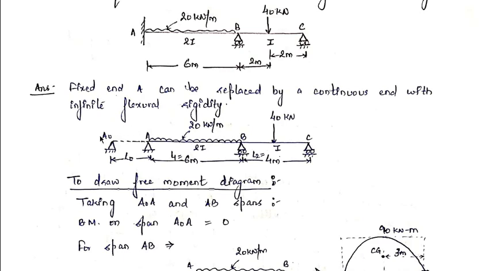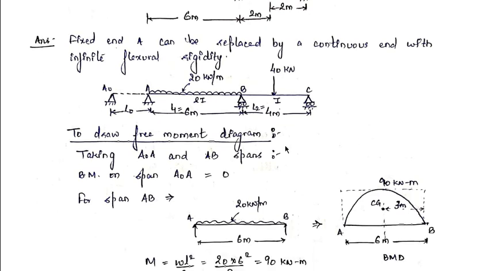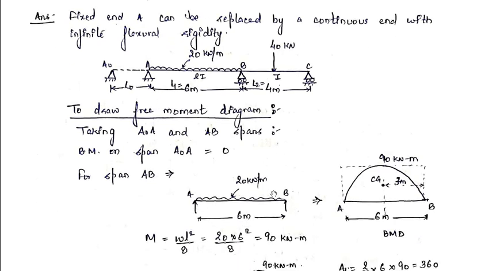Now in the span A0A there is no load, so the free bending moment will be 0, and we don't need to calculate it. Now let's take the span AB. In order to calculate the free bending moment, make all the supports simple supports and apply the same loading as given in the question. The loading is a 20 kilonewton per meter UDL and the length is 6 meters.